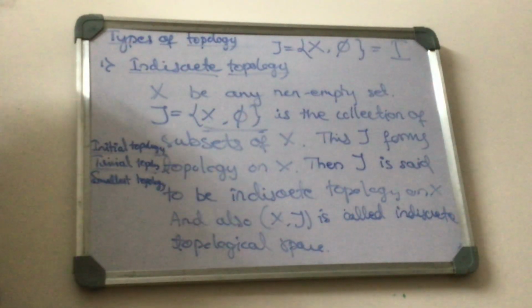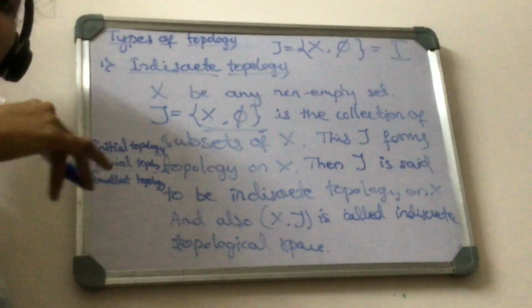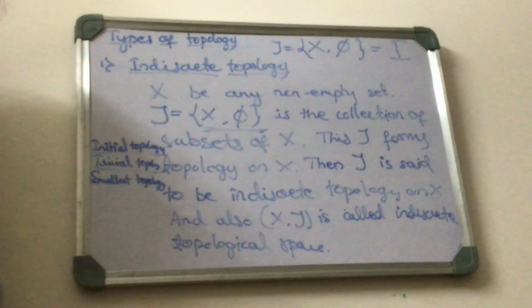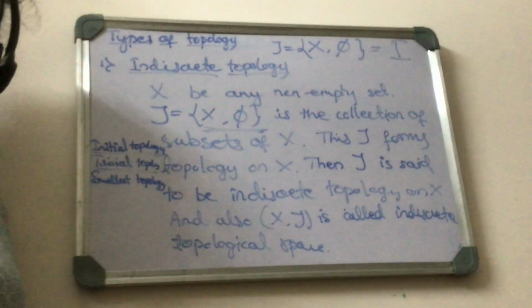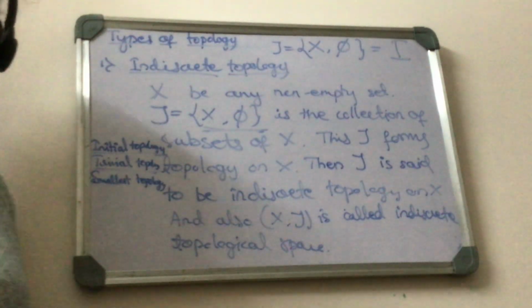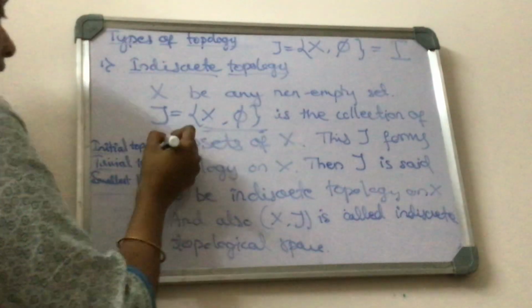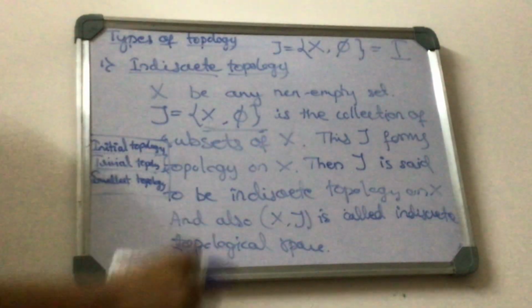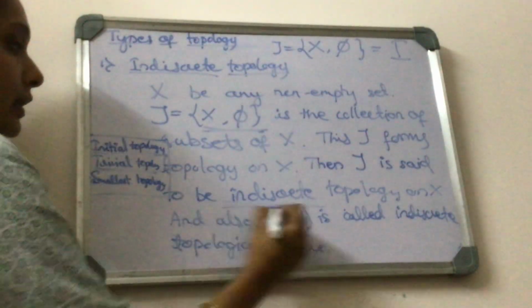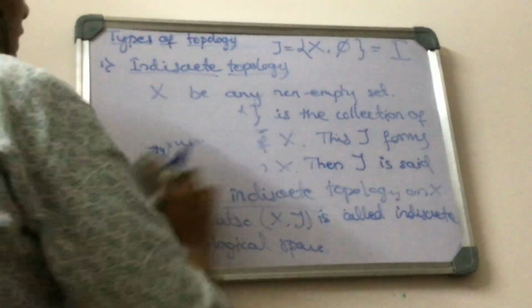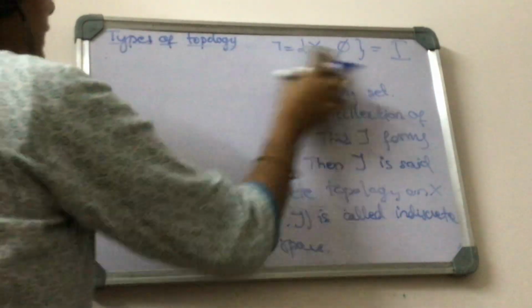Okay, but this is the initial. Initially you have to take X and phi. So with X and phi is also topology, but these are the initial elements you have to put in a topology, that you have to remember. Okay, so these are the other names for the indiscrete topology. Okay, so we'll move on to the next one.